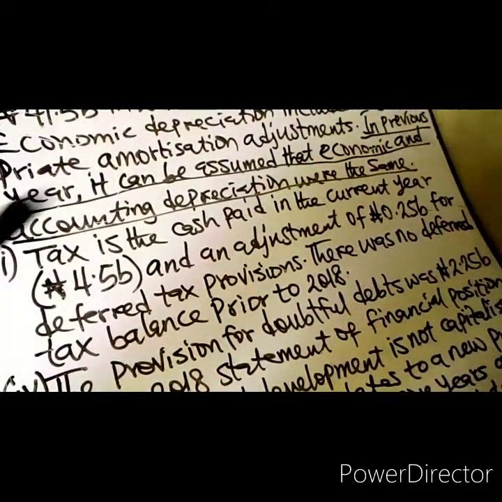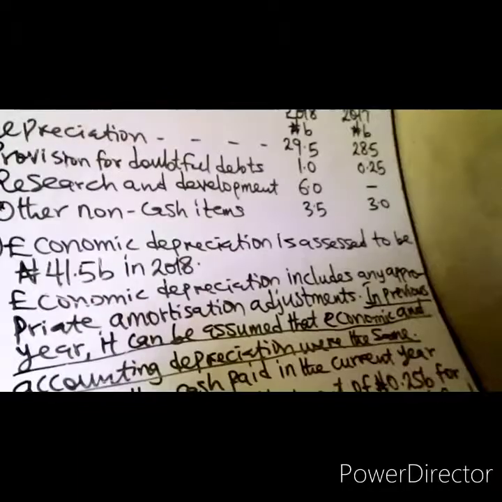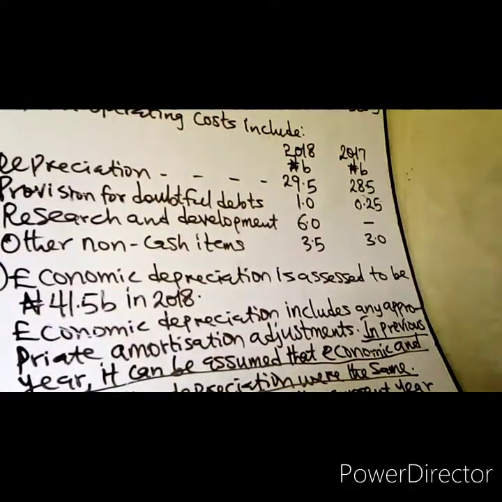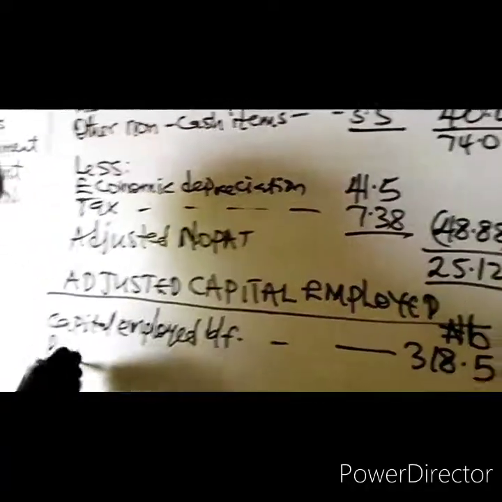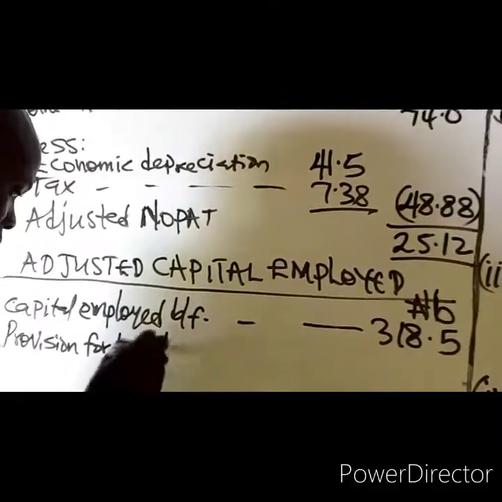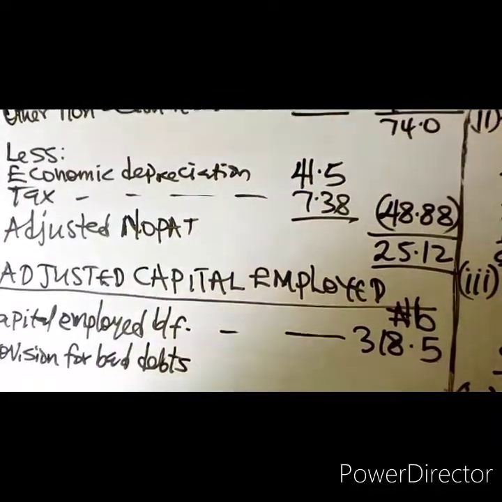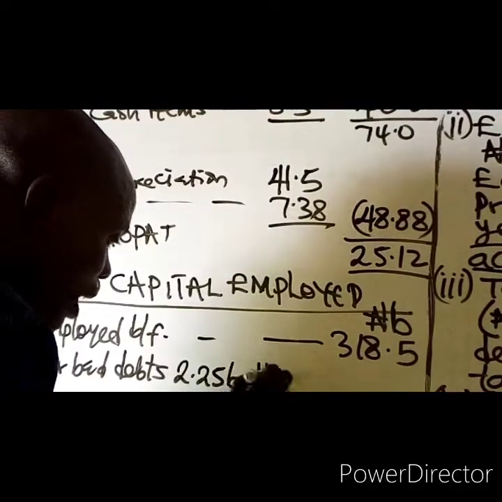So, to get the one used for 2017, you will need to subtract the amount expensed to get the balance as at 2017. Therefore, you have 2.25 minus 1. So we have provision for bad debts or doubtful debts, which is 2.25 billion minus 1 billion.